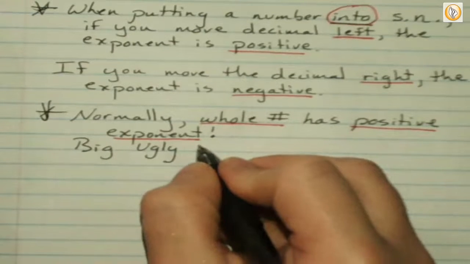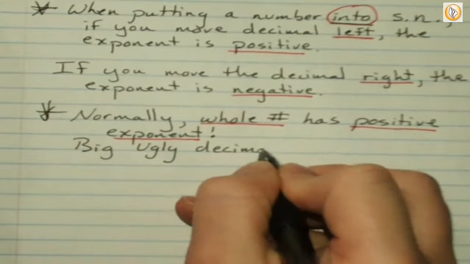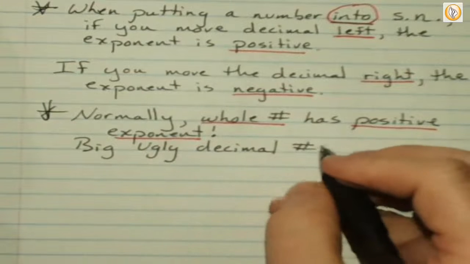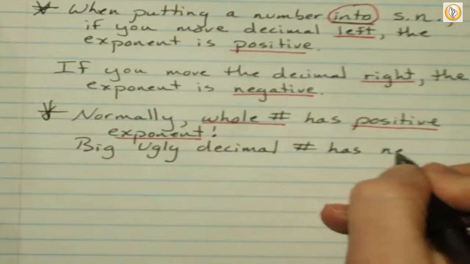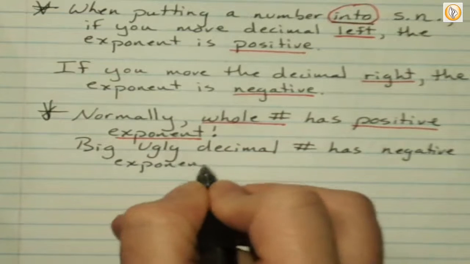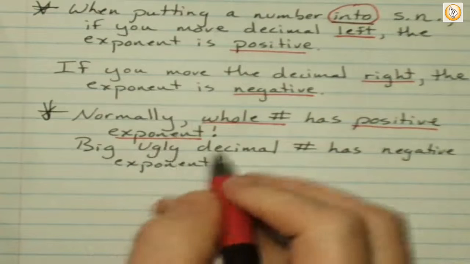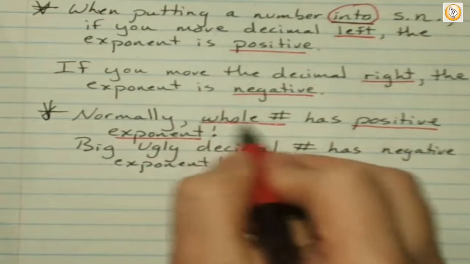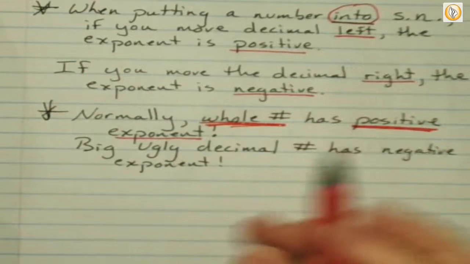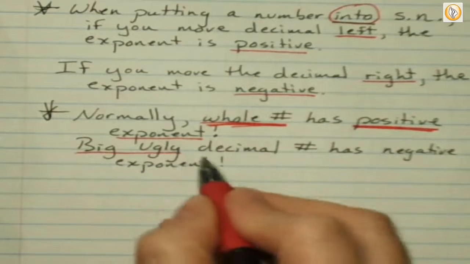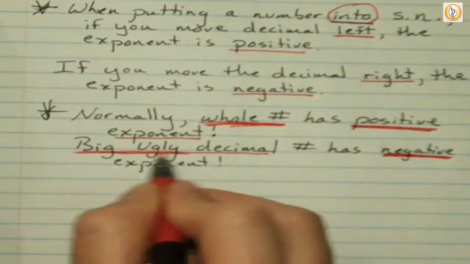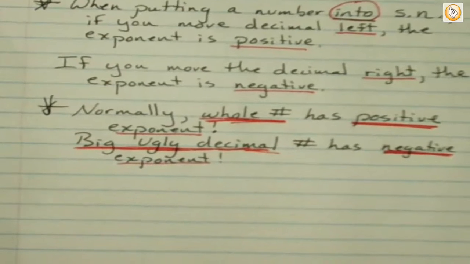Big, ugly decimal. We're going to call it big, ugly. Big, ugly decimal number has negative exponent. So whole number, positive exponent. That's when you're putting it into scientific notation. Big, ugly decimal has a negative exponent. And I'm going to give you an example of big, ugly.